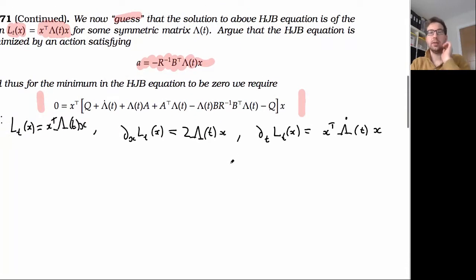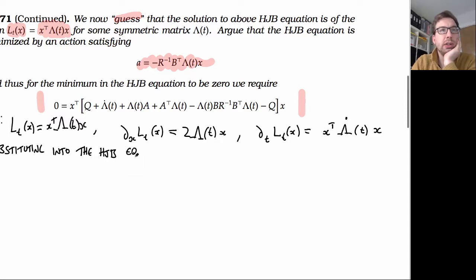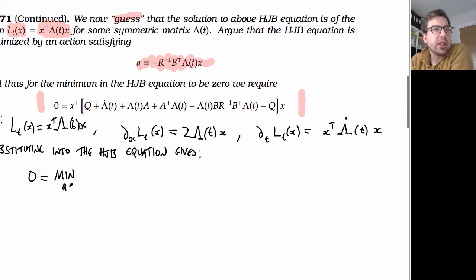So if we do that, substituting into the HJB equation gives the following: again we need to find the minimum over the set of actions that are available to us, and we're going to minimize the cost function as before.